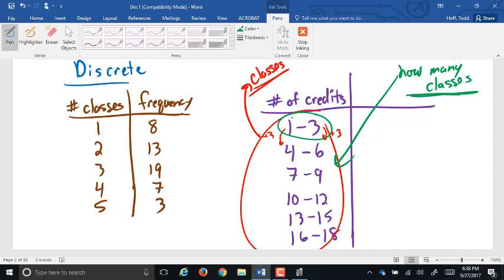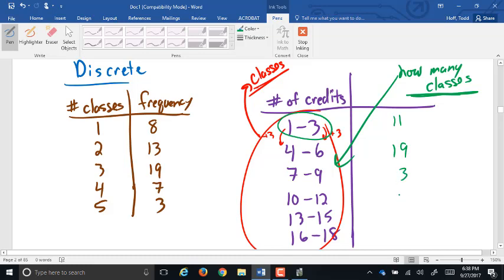So you might get the classes, and the classes look just fine here, but you might go to fill in frequencies and realize, well, this is 11 people there, and 19 people here, and 3 there, and maybe only 6 here, 17 and whatever.